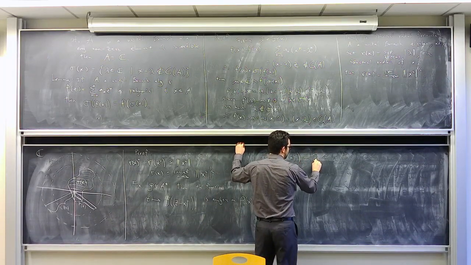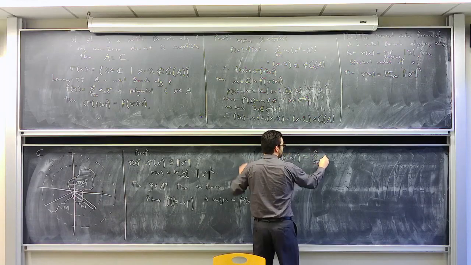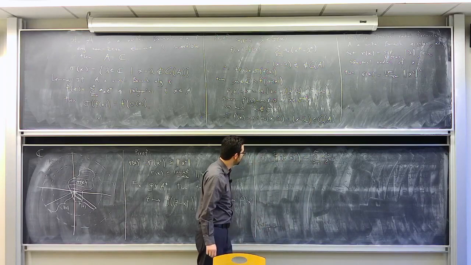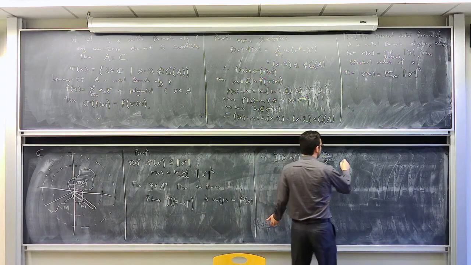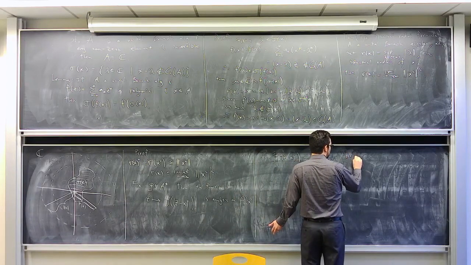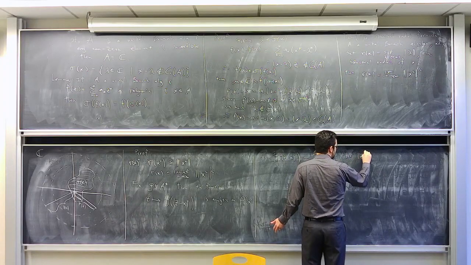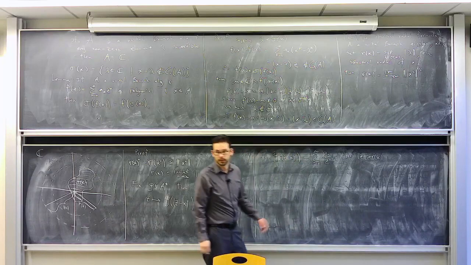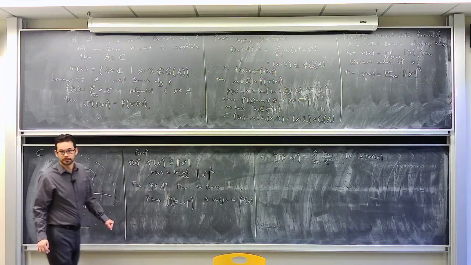We can write it as the sum as n goes from 0 to infinity of some a_n over z to the n, and this formula is valid for absolute value of z greater than the spectral radius. All right, we're all happy with that?